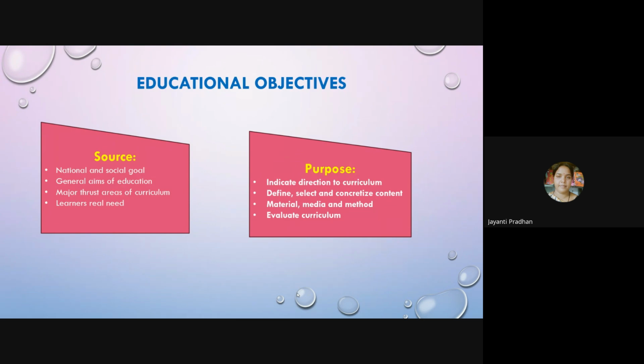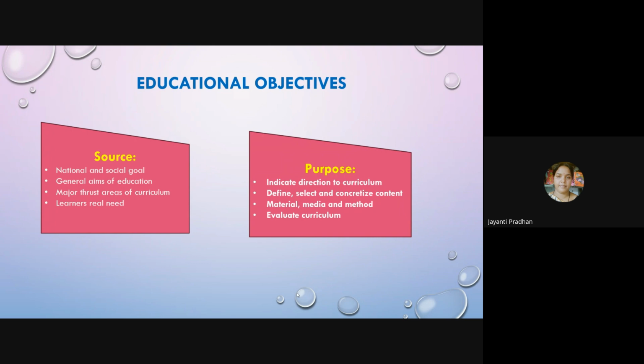In between, the educational aims of education are coming. The nation sets the goal for the whole nation, but specifically what does it want from the education sector? Again, the education sector sets its aim in a broad perspective. What is the aim of education at the school level?